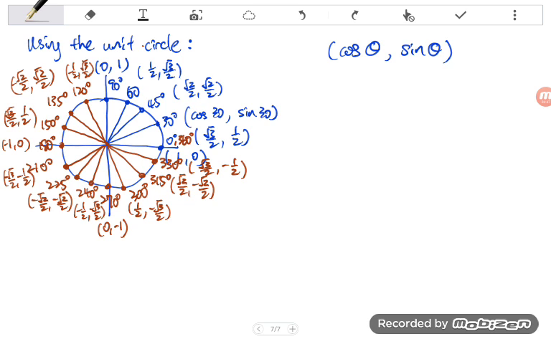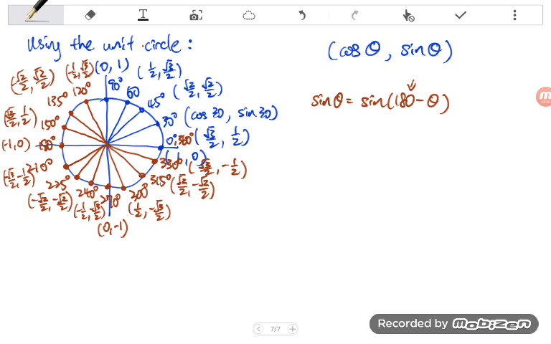But now I want to talk a little bit about some special properties that hopefully you will remember, but it will be easier to remember them if you understand them. The three properties that I would like to talk about are: sine theta is equal to sine of 180 minus theta. In other words, the sine value of that angle is going to be equal to the sine of the supplementary angle.